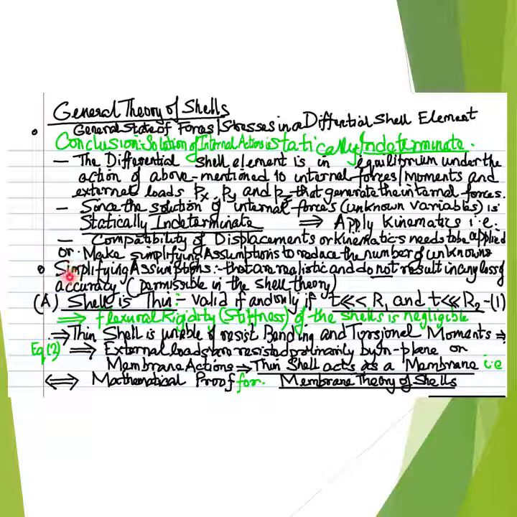For example, in case of most practical shell structures that are constructed in the industry, for example, the cylindrical water tanks with the cylindrical shell structure, the cylindrical pressure vessels with cylindrical shells as the primary structural system, have a thin shell.